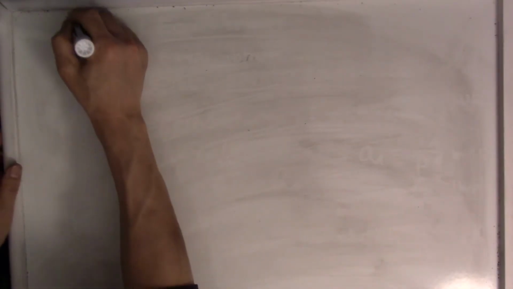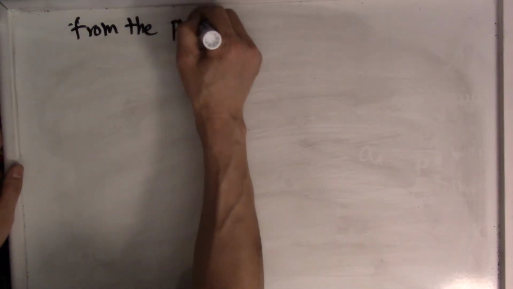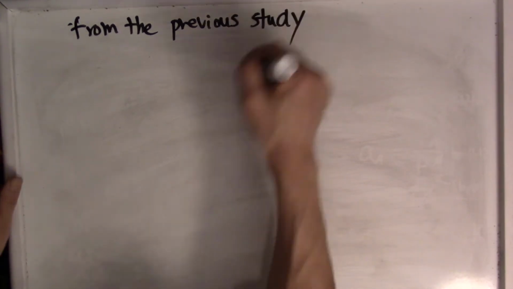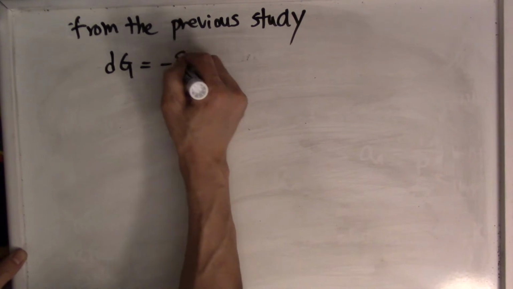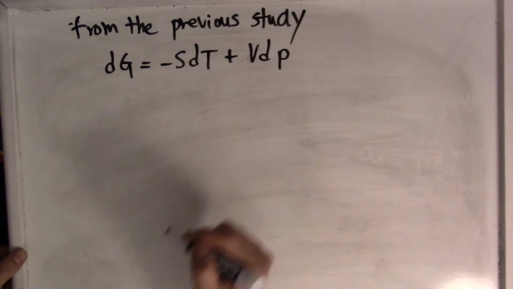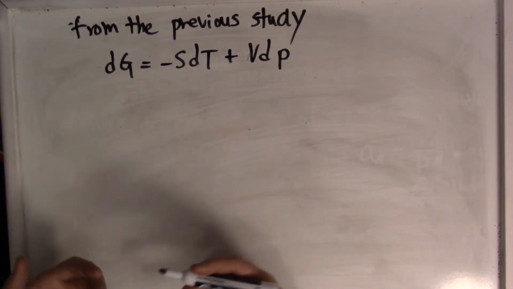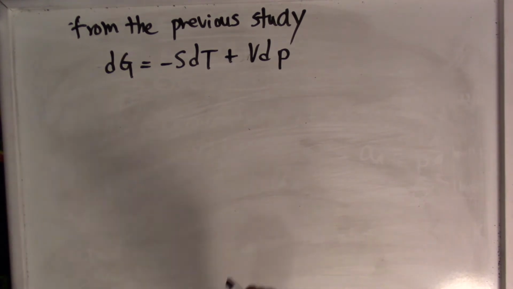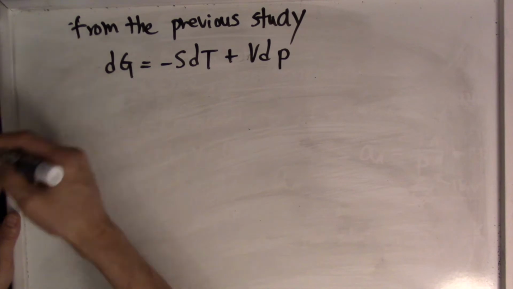From the previous study, remember dG is equal to minus SdT plus VdP. That's the relationship between the delta G and heat and expansion. But in reality, what I didn't tell you earlier was for solution.